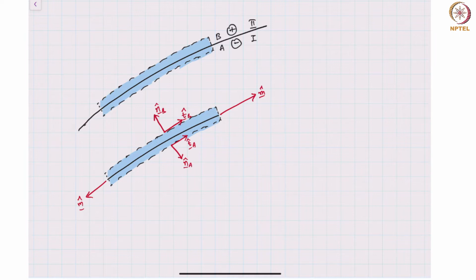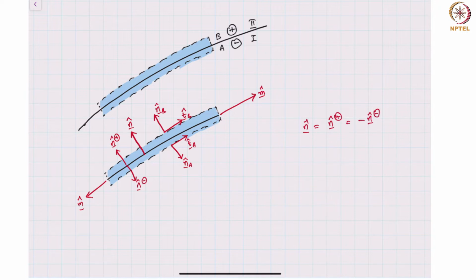Additionally, we will define a normal at the interface, which we'll call just N. So if I say this is NA, I could even have N minus, and this could be N plus. Clearly N hat is N plus, which is the negative of N minus.